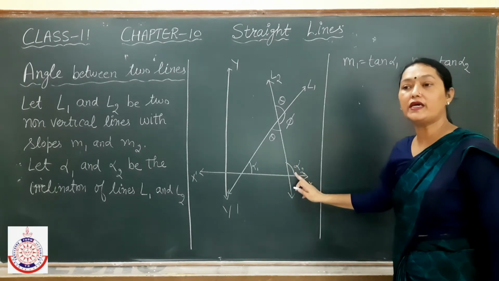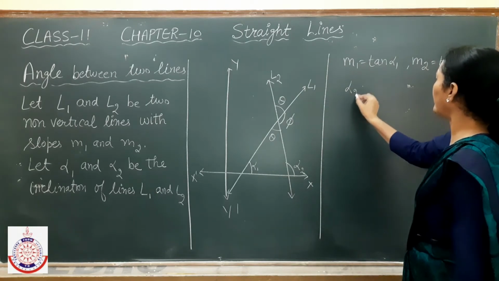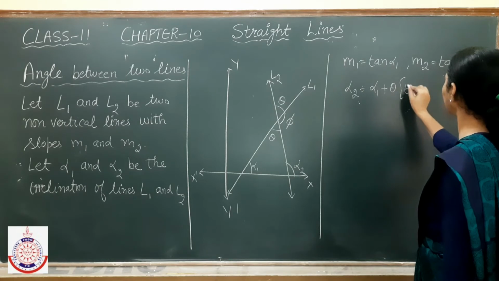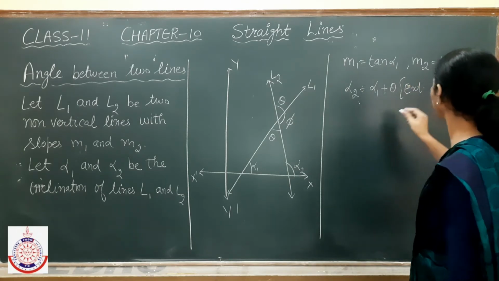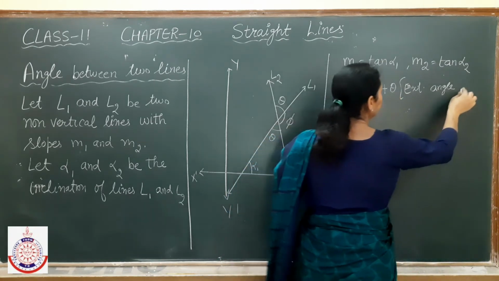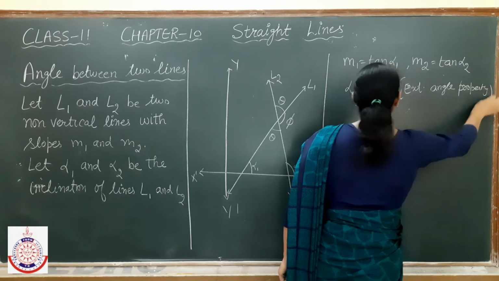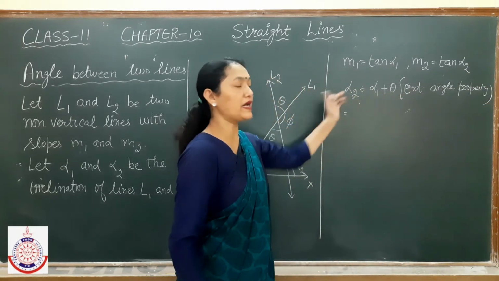If we use exterior angle property, then we know that alpha 2 is equal to alpha 1 plus theta. Or we can write theta equals alpha 2 minus alpha 1.